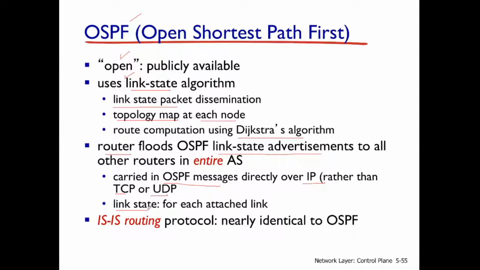Inside these link state advertisements, it contains who the neighbors are for this router, and also the cost of the links connecting to these neighboring routers. Again, IS-IS is the predecessor of OSPF, designed by the early distributed system researchers.